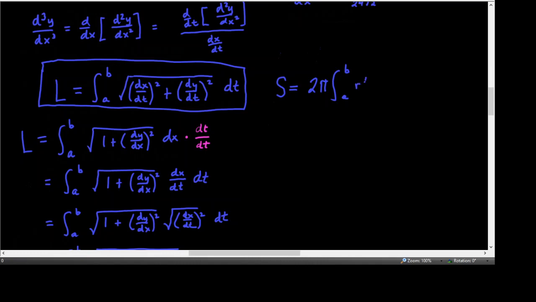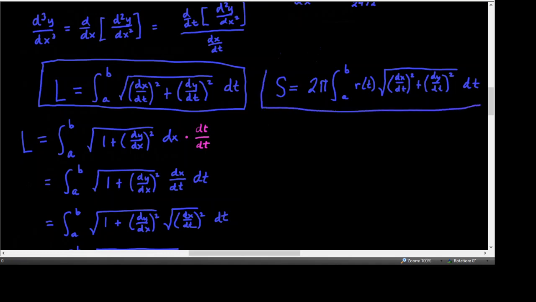So the radius will be some function of t times the same radical expression we have from the arc length formula over to the left, dt. And that radius is going to be the same radius that we had before.